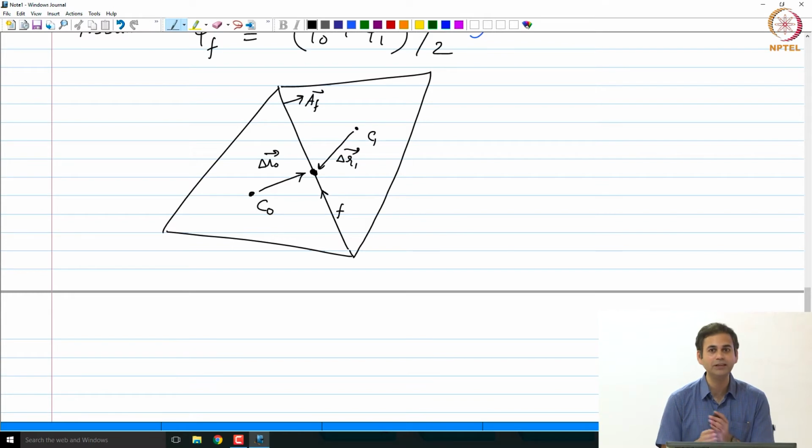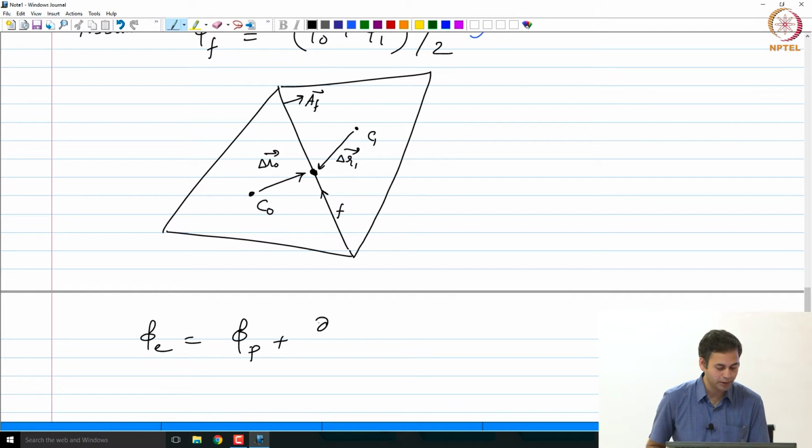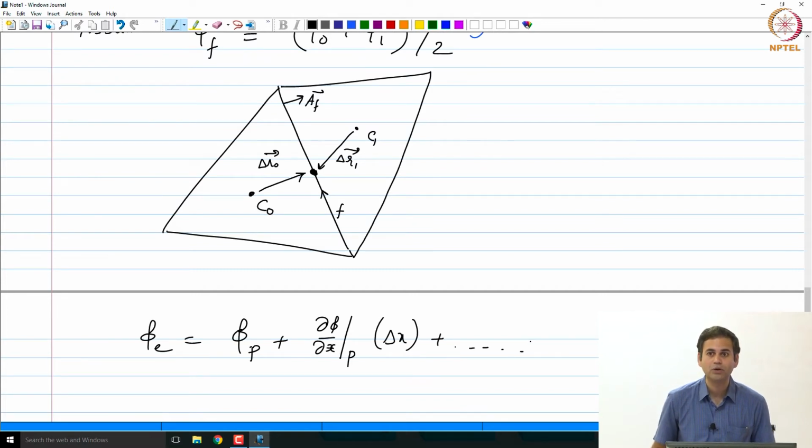Essentially phi little e was written as phi p plus partial phi partial x at P times delta x, and so on. We could do it in a 1D expression, or we had used x minus xp if it were not the east face.